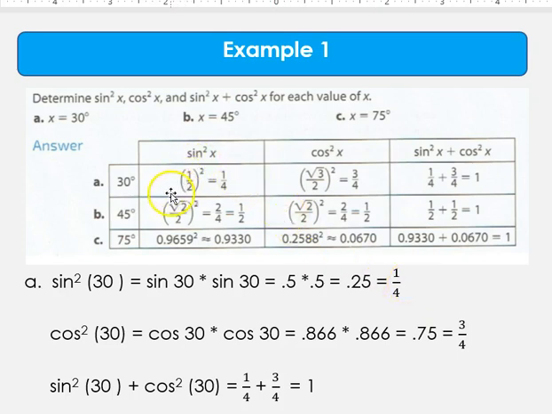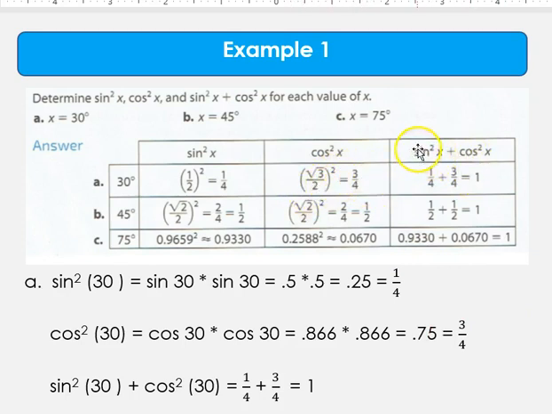Here you can see that instead of 0.5 squared, they've done 1/2 squared. Now cosine squared 30 would be the same thing. Cosine 30, which is 0.866, times itself again, 0.866, which is 0.75, which equals 3/4. And you can see that there in the box.